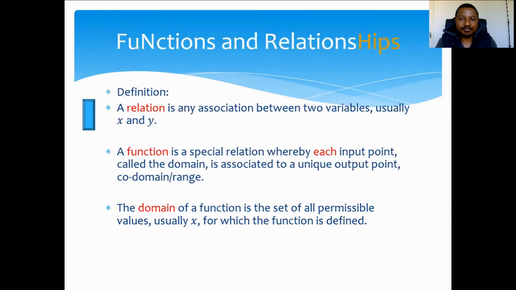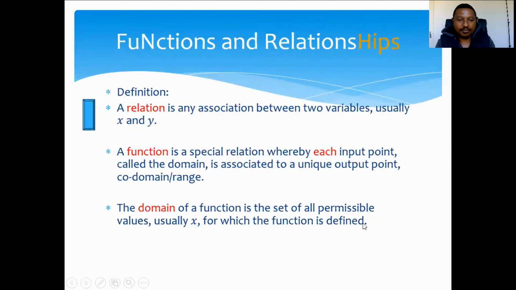So in our examples, learners, our A was our domain. We're looking at only the values where the function is defined. Hence, the first example didn't make it for a function because not everything in the domain was defined for the function. So the domain is all the values of x for which the function is defined.